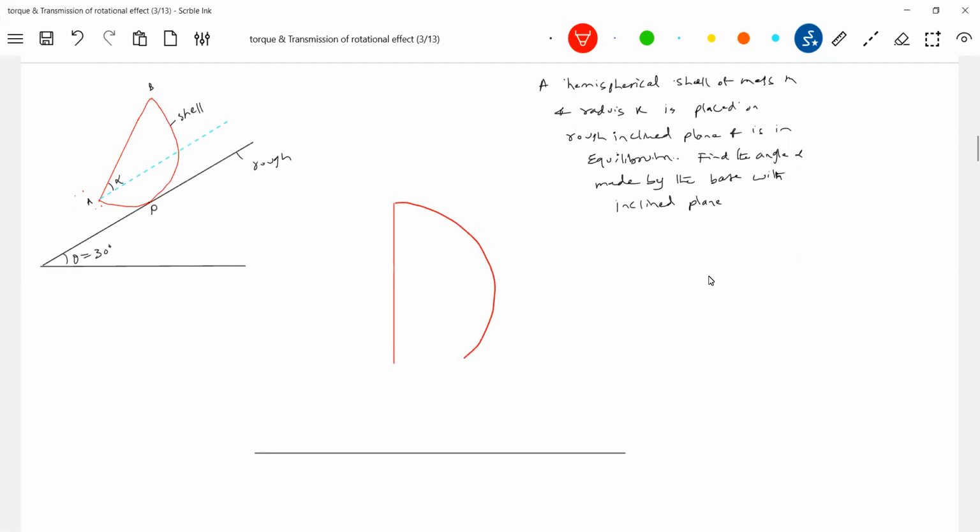There's a hemisphere, no? Okay, this is the inclined plane. Some rough diagram, I'm presenting it in this way.